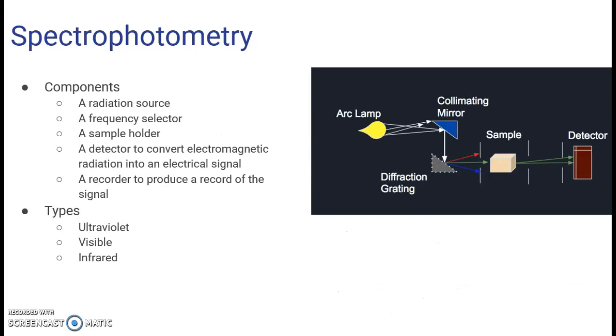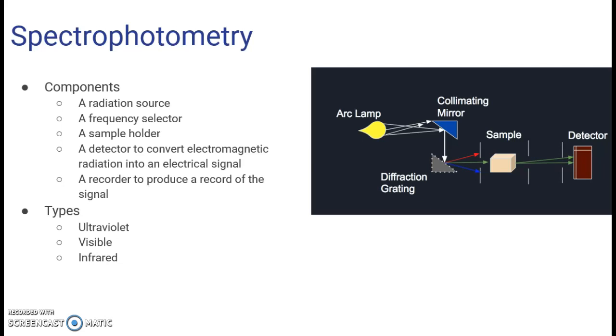So the way that spectrophotometry works is that you have a couple different components. You have a radiation source, so some sort of lamp. You have a frequency selector where you can determine how much you want to use. You have something to hold your sample. You have a detector to convert the electromagnetic radiation into a signal.